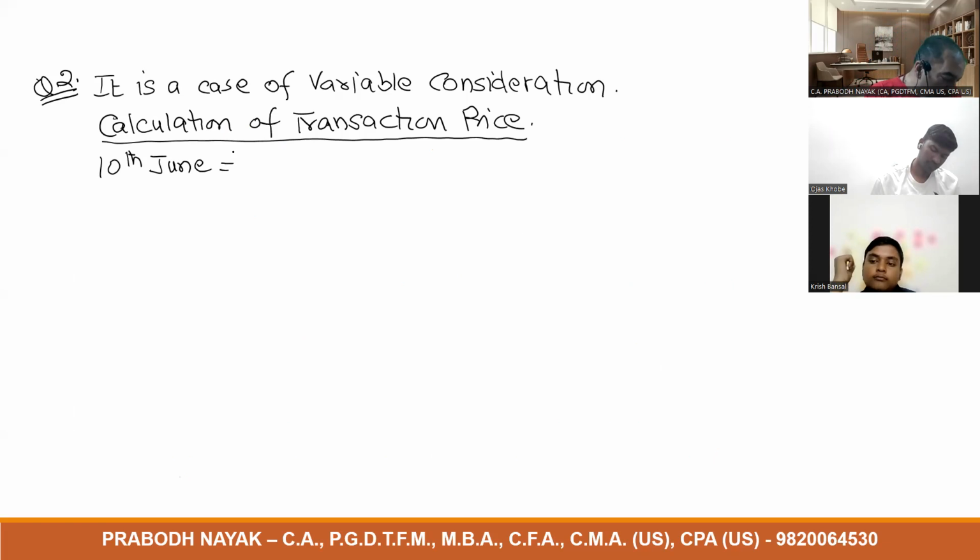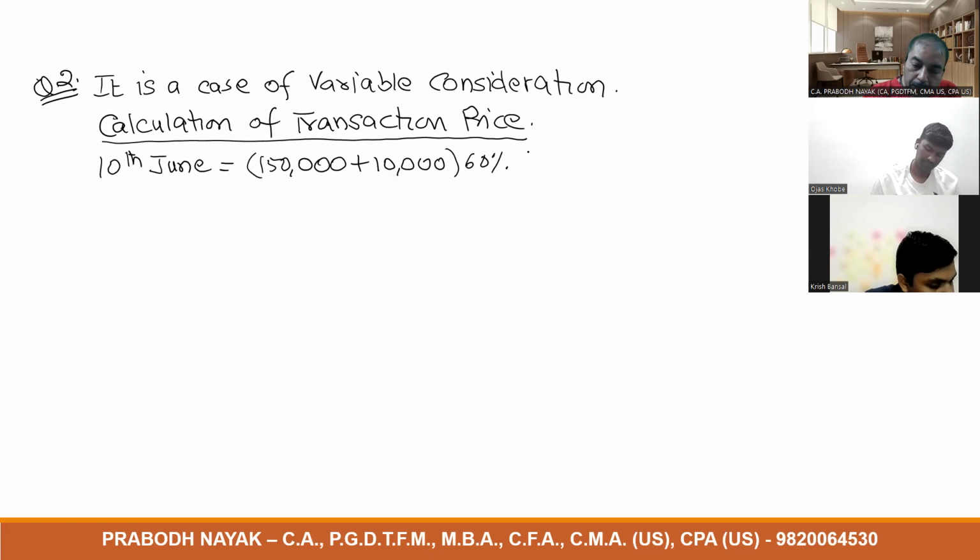So total amount payable is 1,50,000 plus 10,000. But the chances of this is 60%. Multiply by 60%. So 1,60,000 into 60%, 96,000.